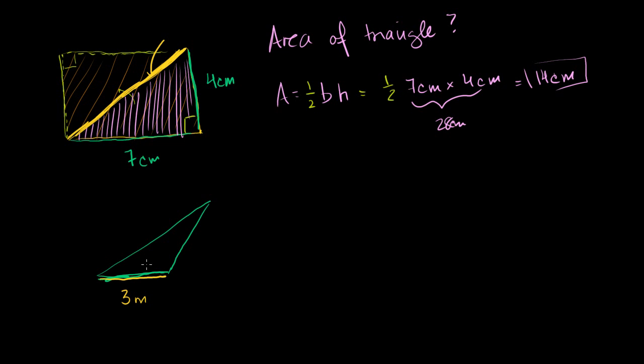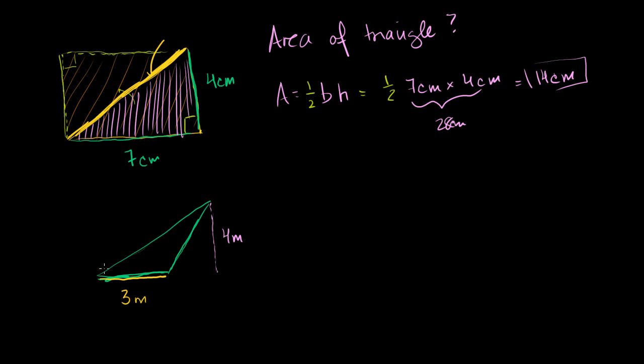And let's say we don't know what that distance is, and we don't know what that distance is, but we do know that if we were to drop a line straight down like this, if you imagine this was a building or some type of mountain, and you drop something straight down onto the ground like that, we know that this distance is equal to, let's say, 4 meters.